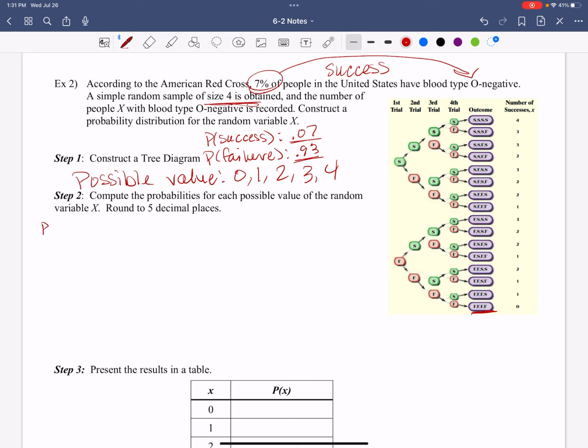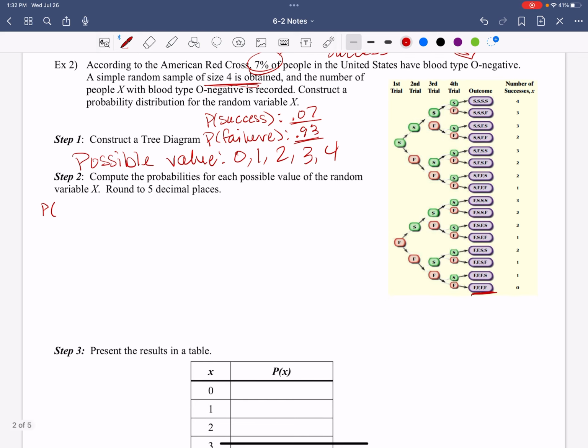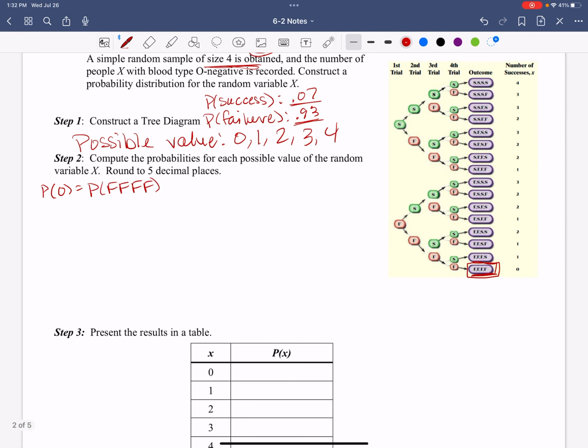So the first one is the probability that 0 people have O negative, right? And that is this last option down here. The probability that it all fails. I just want you to see what this looks like. I'm not going to write this out for all of them, but just so you can see what's happening here.